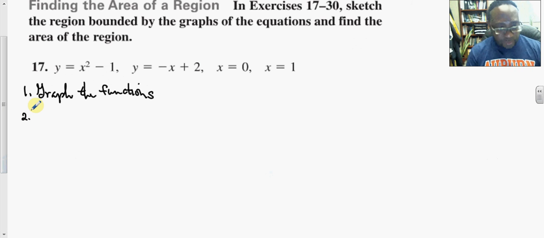Number two, determine the endpoints, or determine the points of intersection.